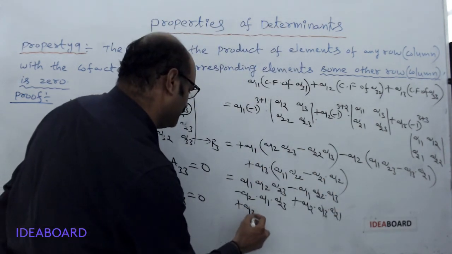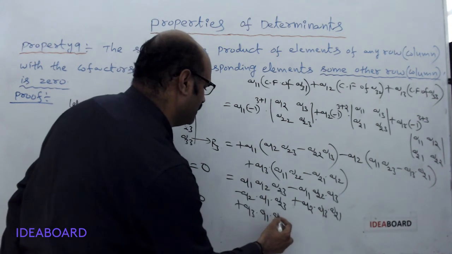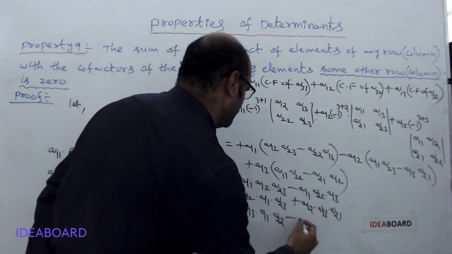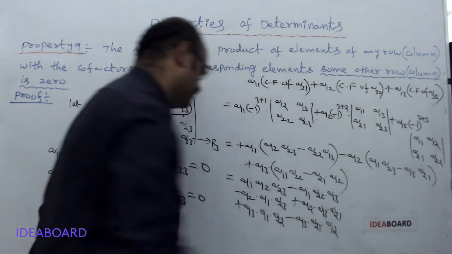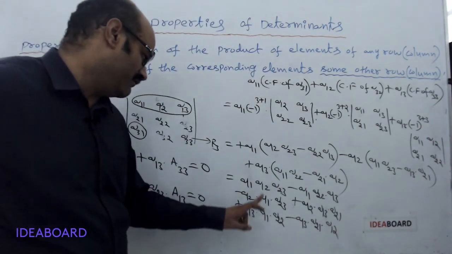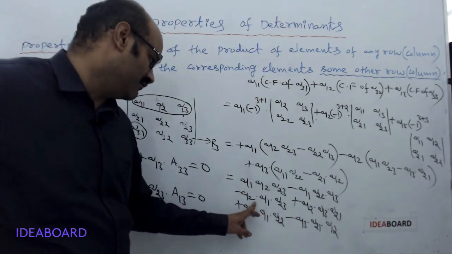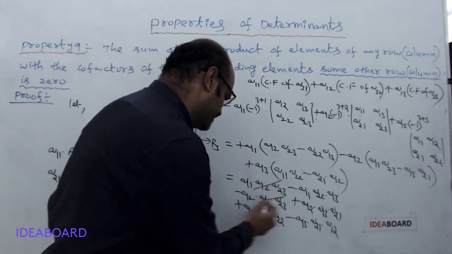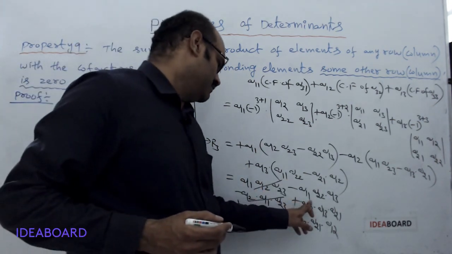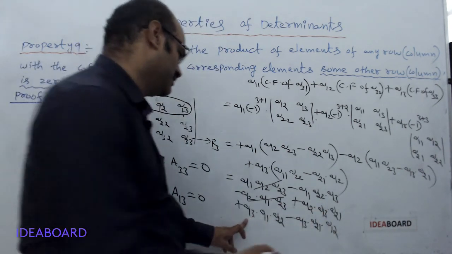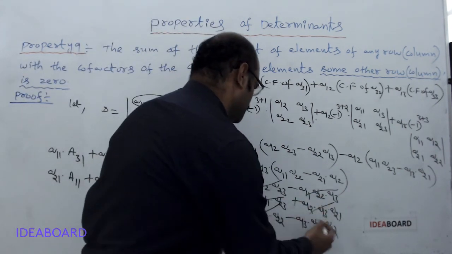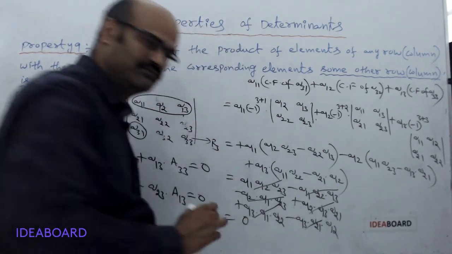Now plus A13 into A11 into A22 minus A13 into A21 into A12. Now here A11, A12, A23, these two are cancelled. A11, A22, A13, these two are cancelled. So that it's equal to 0.